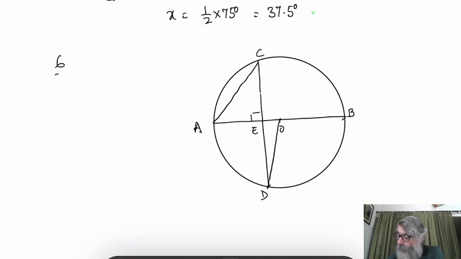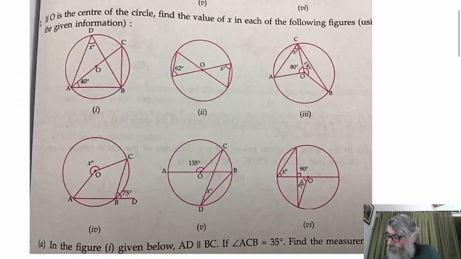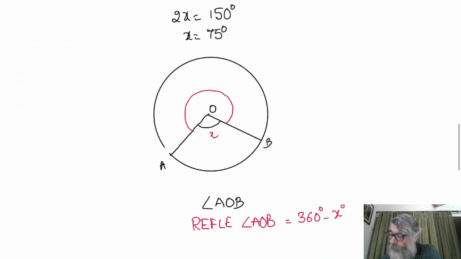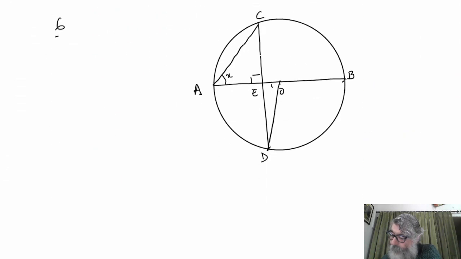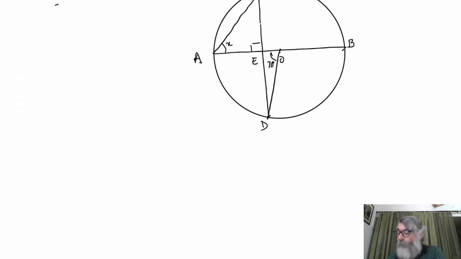This line is not there, and this we have to find. That angle is 70. We have to find the value of X.